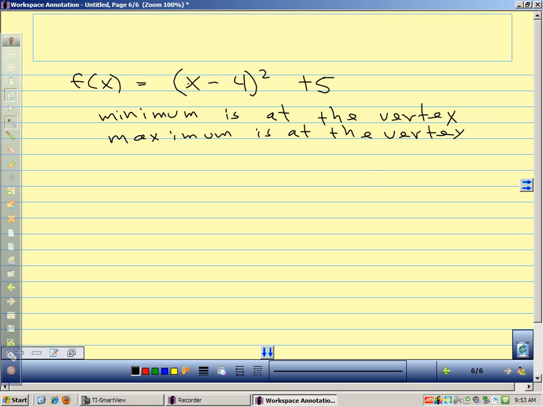All right, I just want to go over one more thing, and then we're done for today. Another way to find the vertex from our function.